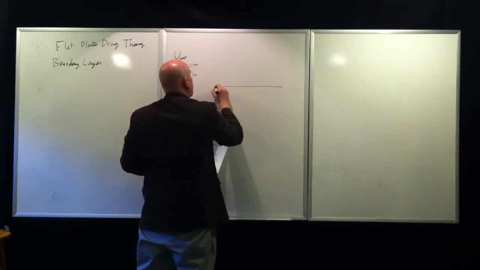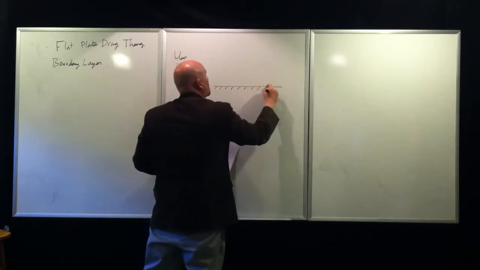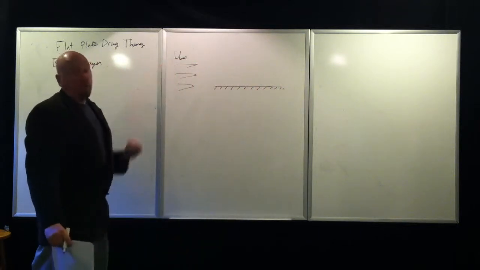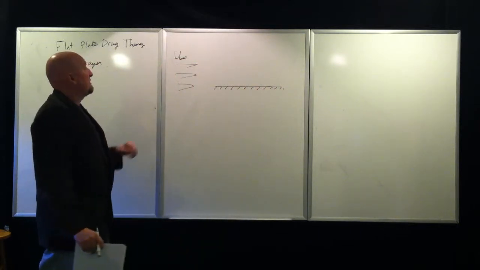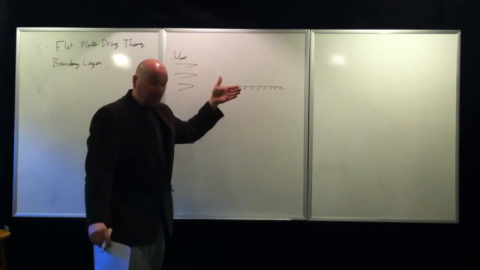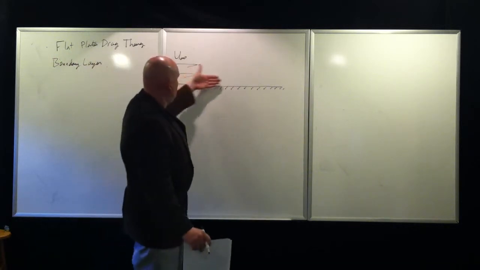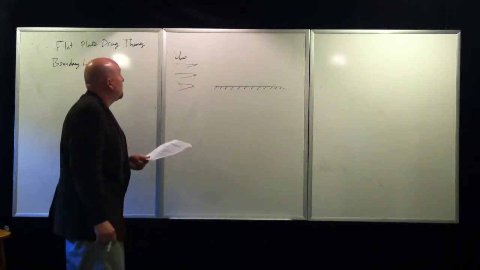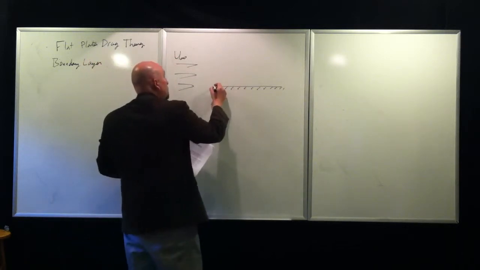This is going to represent our flat plate that's in the free stream. The fluid will have a density and a viscosity. The viscosity, as we went over, you can think of that as sticking to a particular surface. A boundary layer is going to develop.